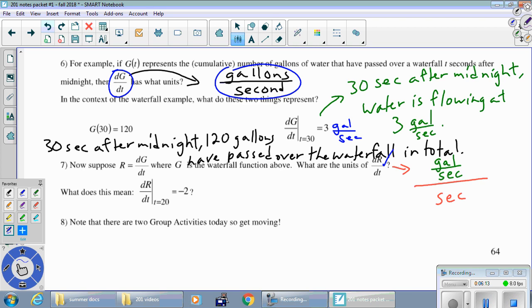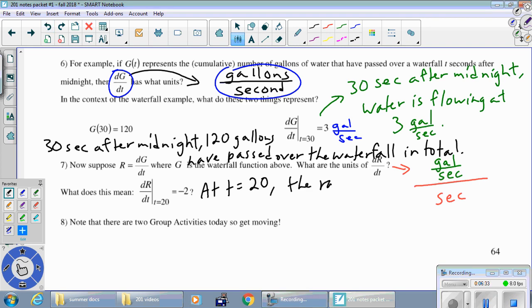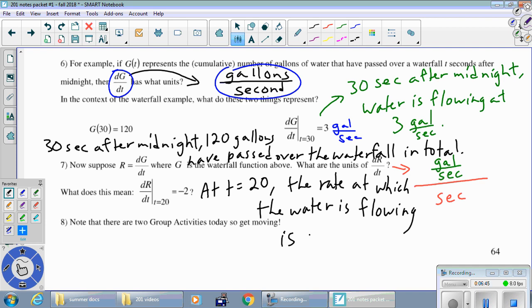So let's see if we can write a sentence for this next one. What does this mean? dR dt at t equals 20 equals -2. So again, copying the t equals 20, we're going to start there. At t equals 20, the rate at which the water is flowing is changing by -2 gallons per second per second.